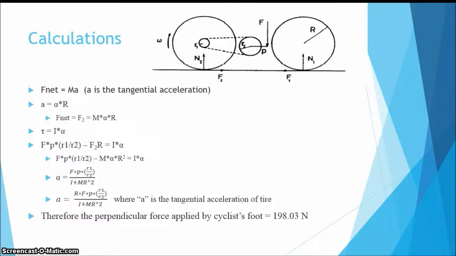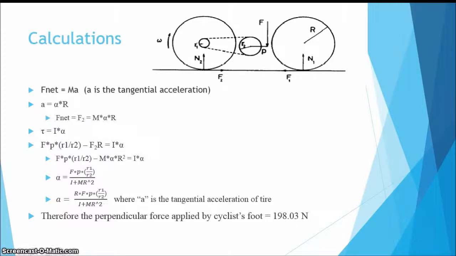So when we compare the net torque, which is going to be the force of the cyclist's foot times the length of the crank arm times the ratio between the two gears, and then minus the force of the wheel times the radius of the wheel, this is going to equal the moment of inertia times the angular acceleration.